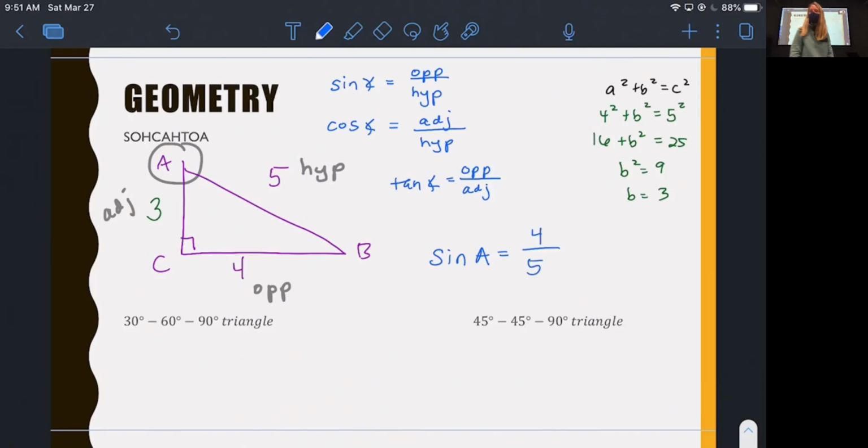Opposite over hypotenuse. That's it. So on a SOHCAHTOA problem, whatever angle they're talking about, circle it, label your sides, and then answer the question based off of your labels. Questions on SOHCAHTOA?